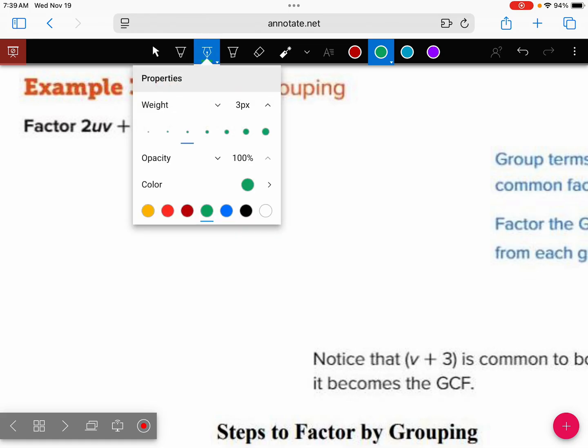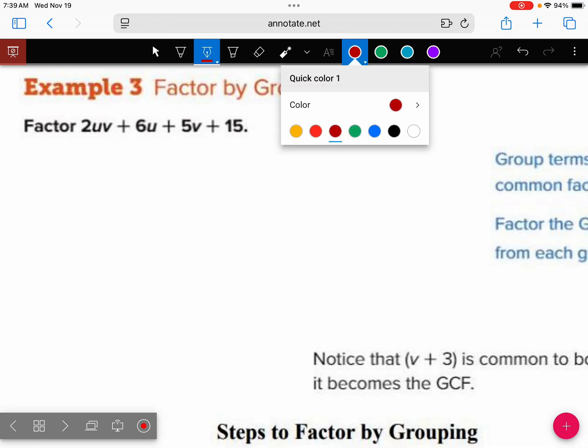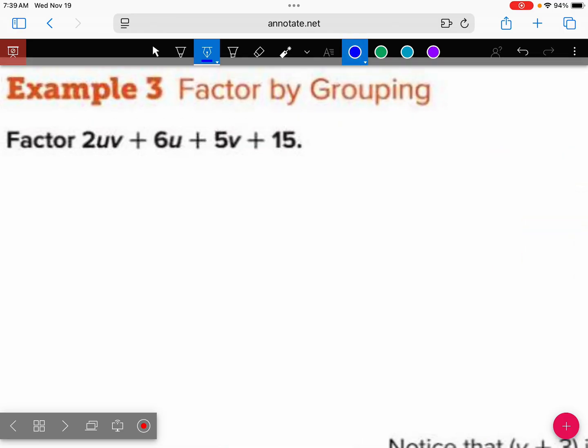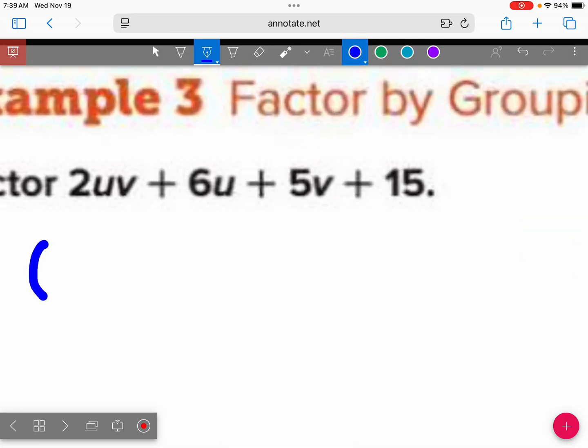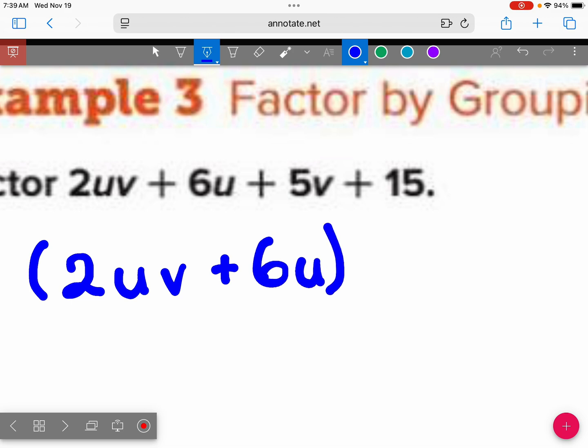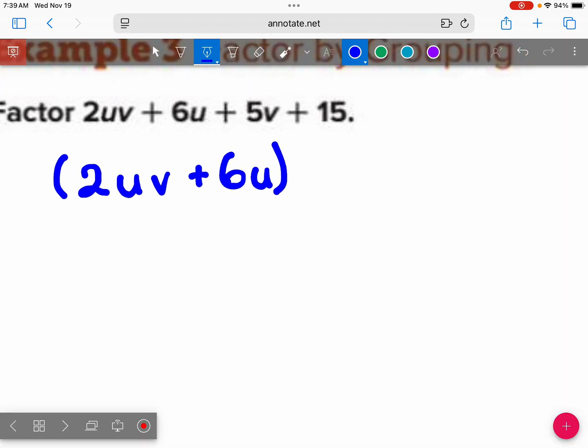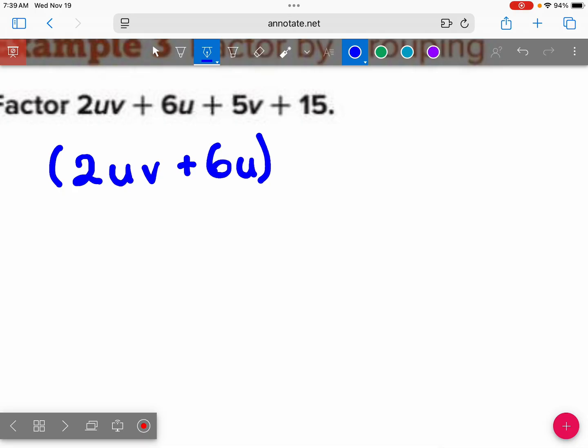So I am going to rewrite this problem as 2uv plus 6u in one set of parentheses. Oh, sorry, I will zoom out so it's not on crazy person zoom.